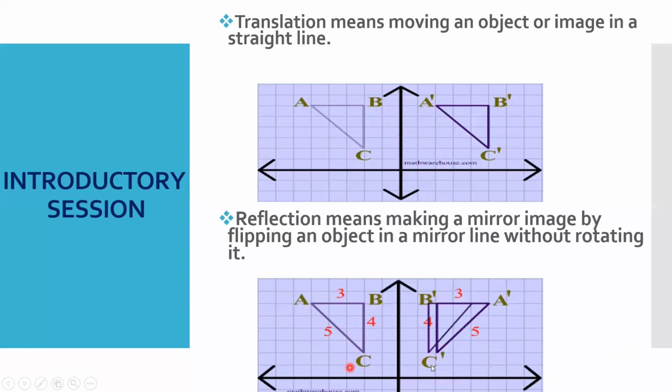See, this is an example for the process of reflection. See, the triangle ABC, when it moves from this part to this part, the sides have been flipped. See here, the side 5, when it moves to this particular region, it changed here. That is, the sides have been flipped.